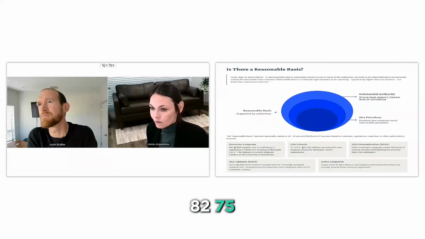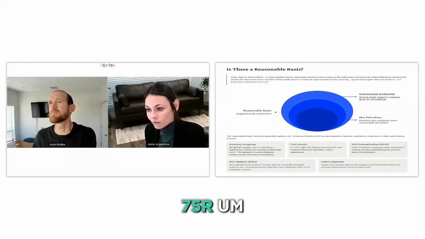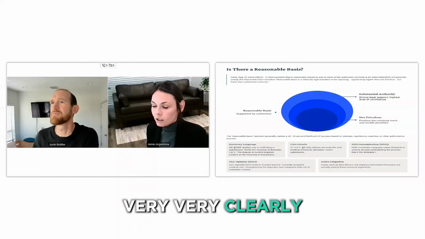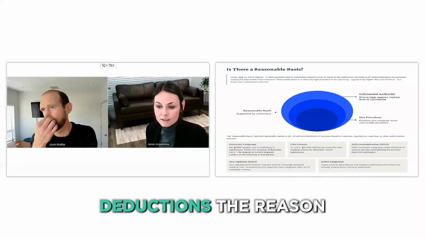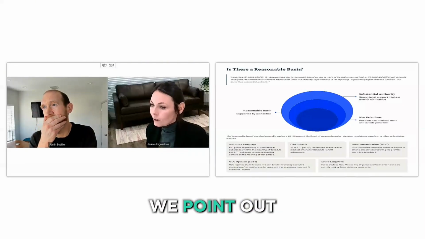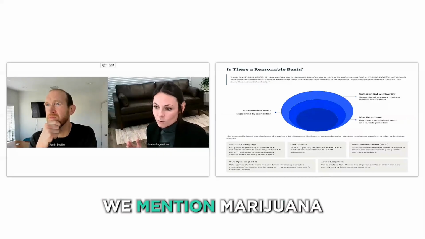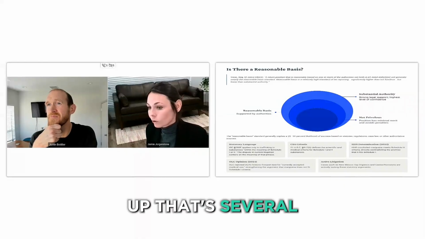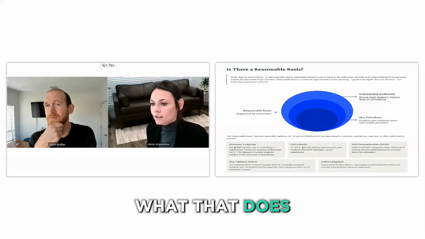It's called an 8275. There's also a different kind of that same form called an 8275R. And we include very, very transparently the amount of deductions, the reason, and we point out 280E very specifically. We mention cannabis, we mention marijuana, and we include a legal write-up that's several pages long that summarizes the position.